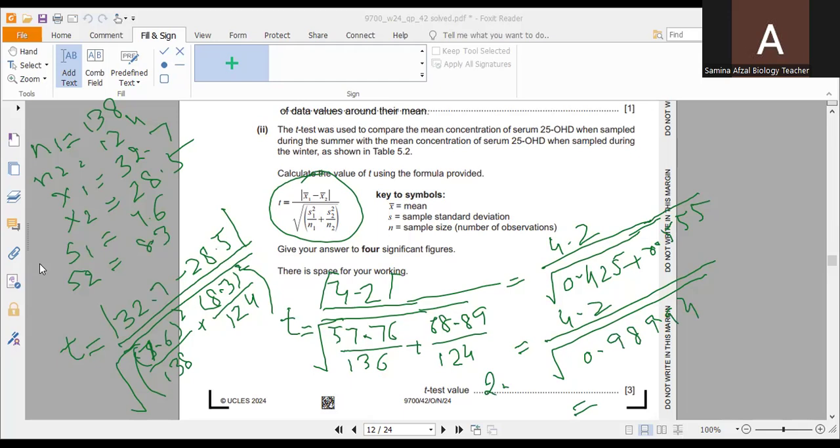Let me calculate. This is equal to, I think I should write over here. So it is 4.2 over 0. Let me calculate with calculator.